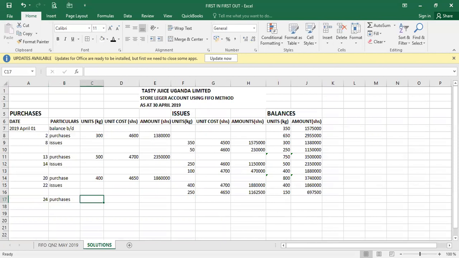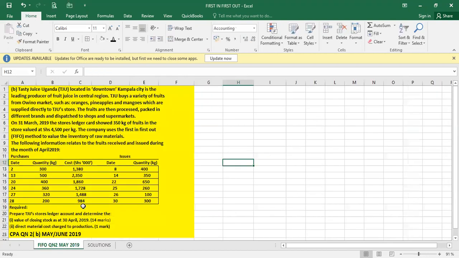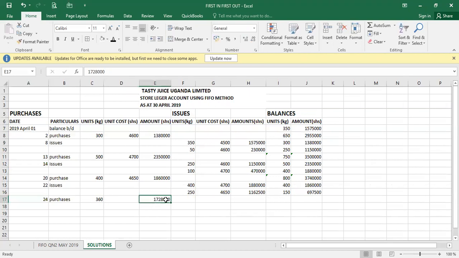We are saying the units were 360 at a total cost of 1,728,000. Is it that? 1,728. Yeah, it's that. Then we get the unit cost.